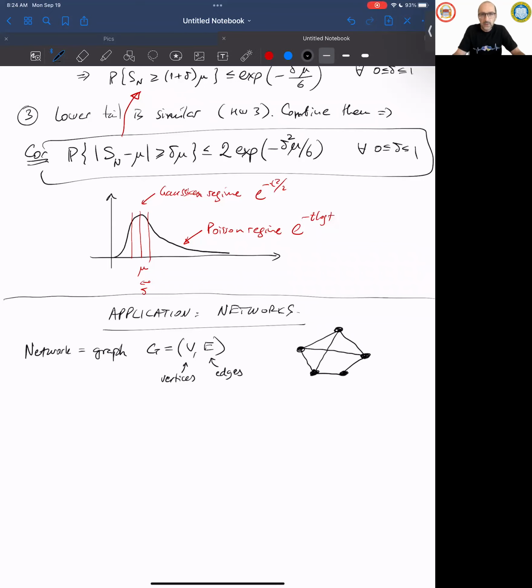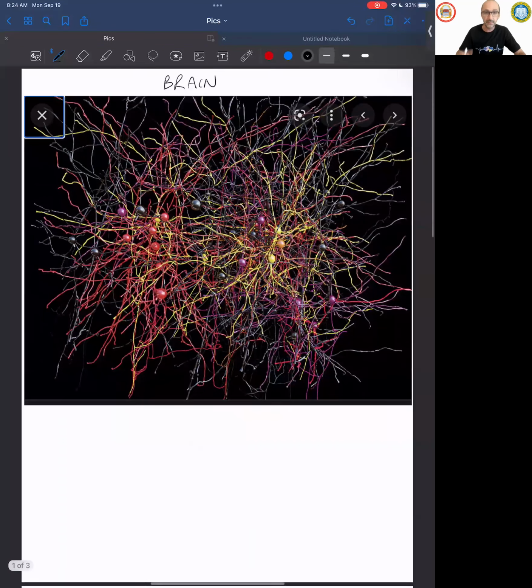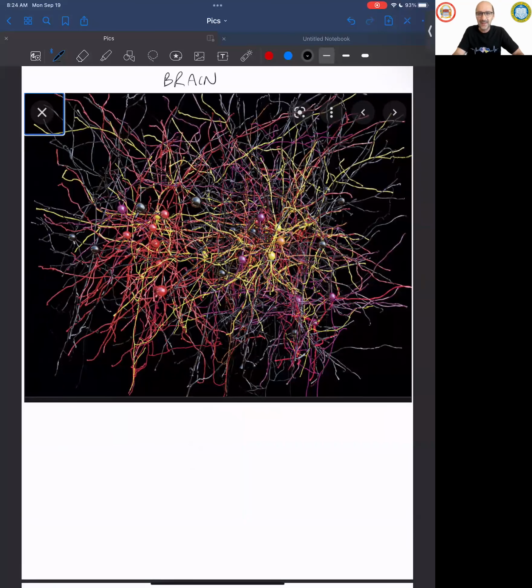The real world networks can be very complicated and very complex. For example, biological networks. Let me show you. One of the most important biological networks is, of course, the brain, and the neural connections in the brain, where you have neurons as vertices and their tentacles.